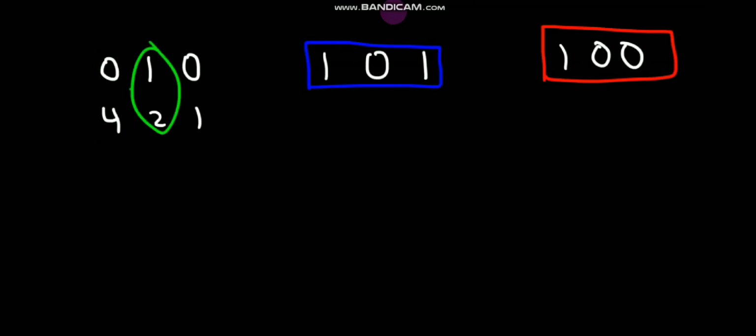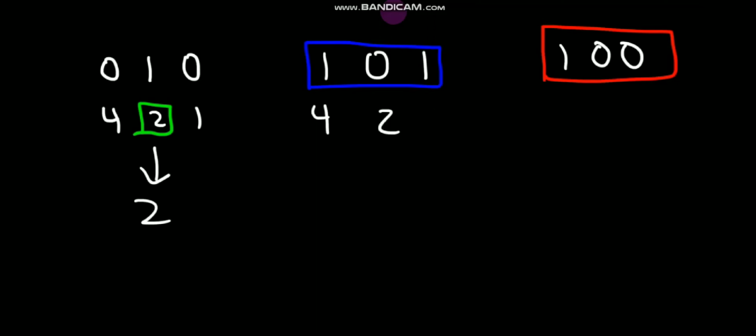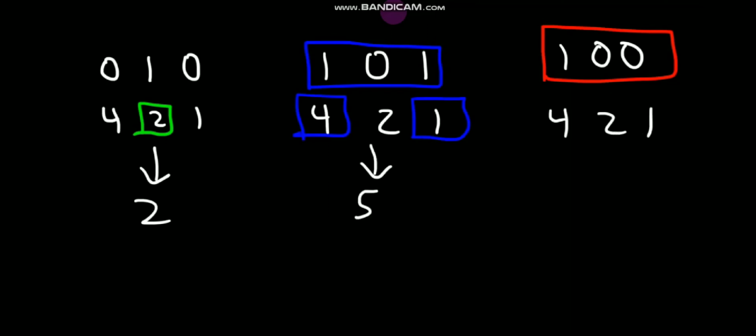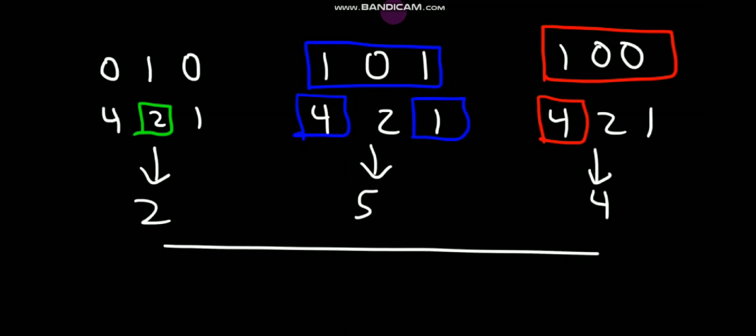So in this first one only 2 we have to consider, and in the next one again 4 2 1 we will write, and we will add the numbers where 1 is there. So 4 and 1 we will add, it will be 5, and then after we will consider 4 2 1. So only the first one is 1, so 4 we will consider. Now in this case 254 is the answer in the octal number system.